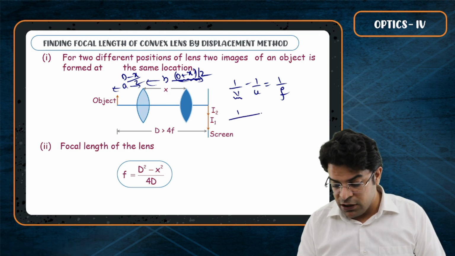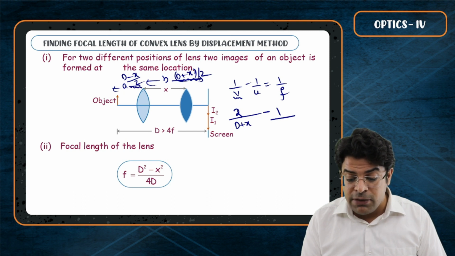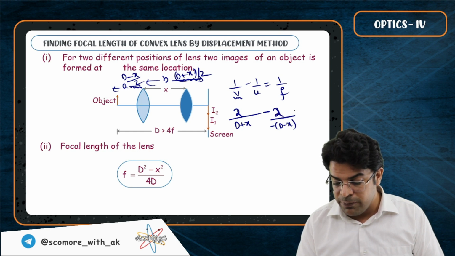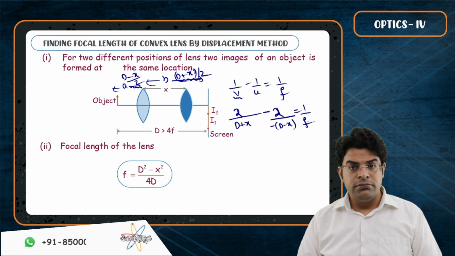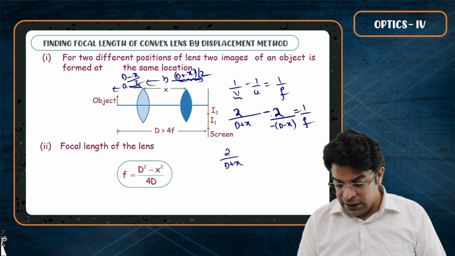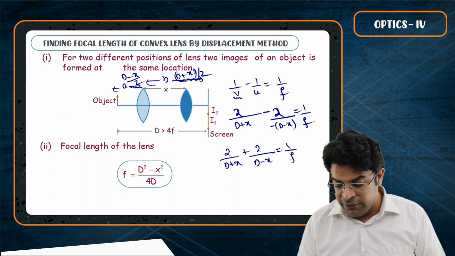So you will write 1 upon (D plus X) by 2, and the 2 goes up, minus. In place of U, you will write minus of (D minus X) by 2, and the 2 goes up, and this equals 1 by F. So from here you get 2 by (D plus X), and this minus minus becomes plus, plus 2 upon (D minus X) equals 1 by F.